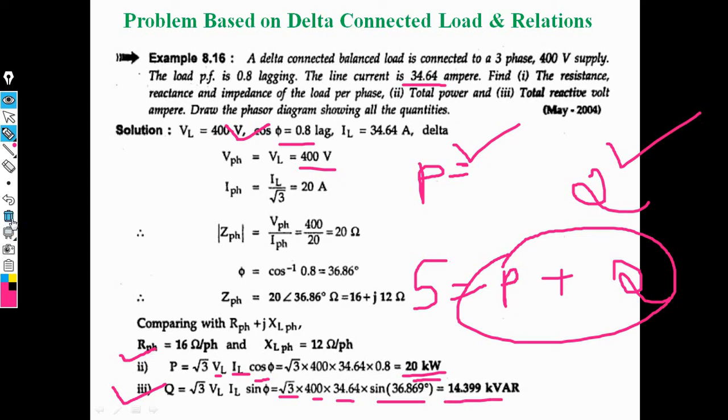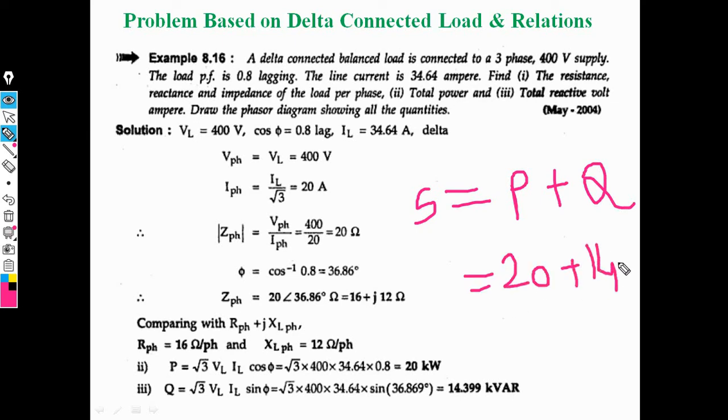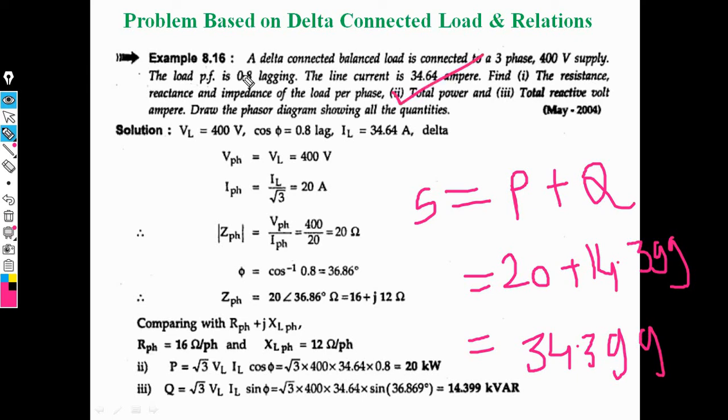Then we obtain 14.39. Then the total power is P plus Q, that is 20 plus 14.39, so we nearly obtain 34.39. This is the total power in the delta connected load with respect to active and reactive power.